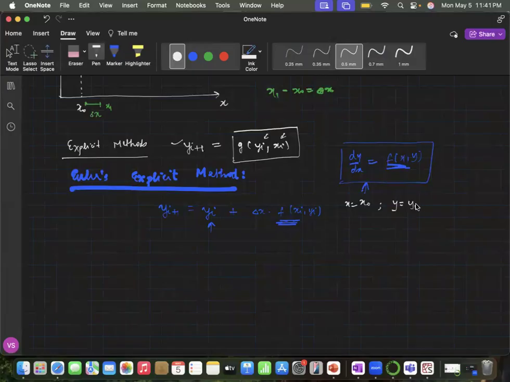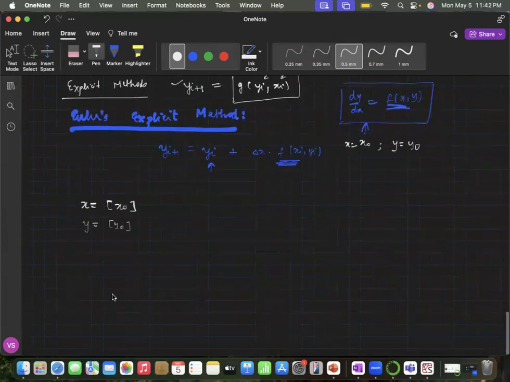So let's say this is the initial condition that we are starting with, right? So we'll start with an initial array, which is this and this, right? And over time, as we move forward in X, we are going to append new values to this array, right? So that is what we are going to do.